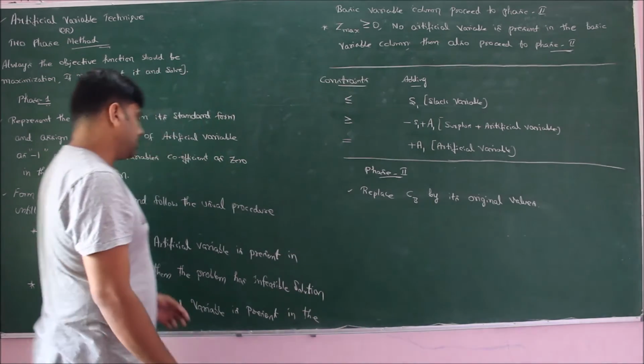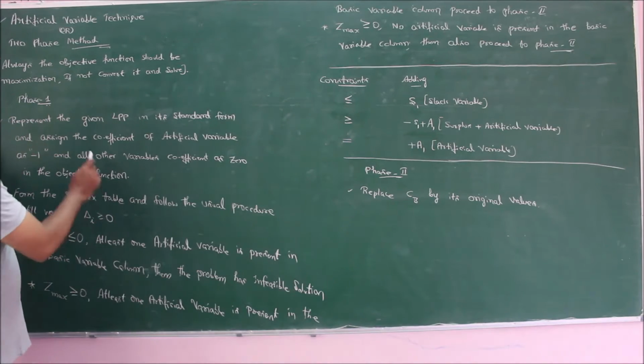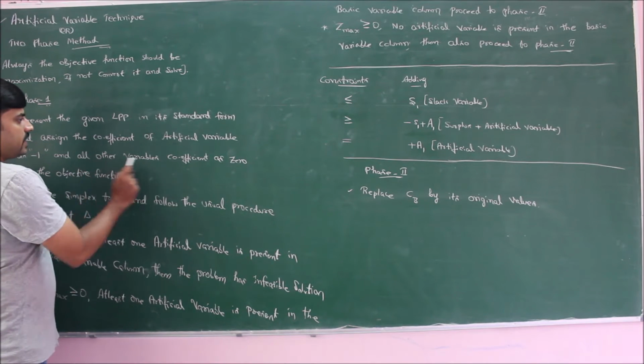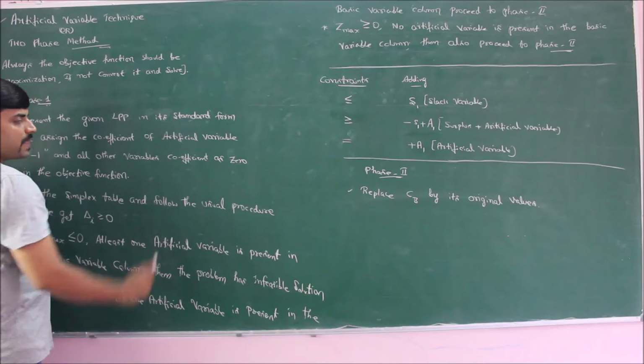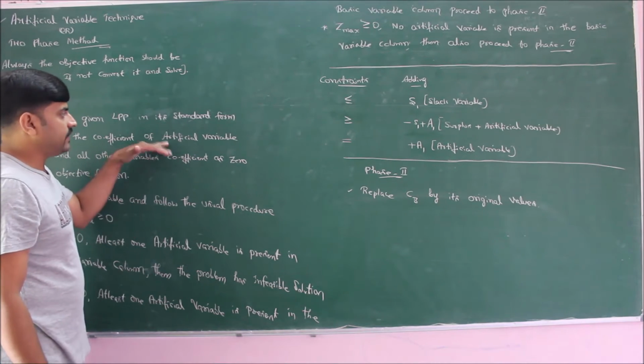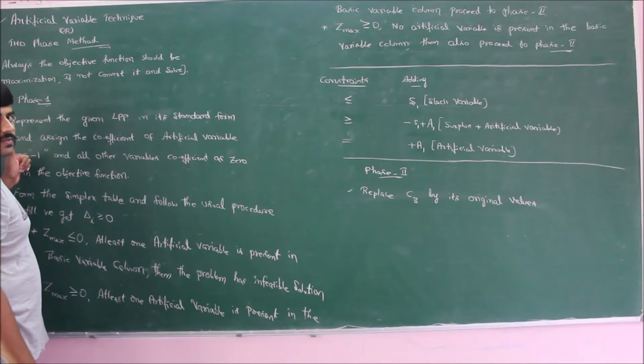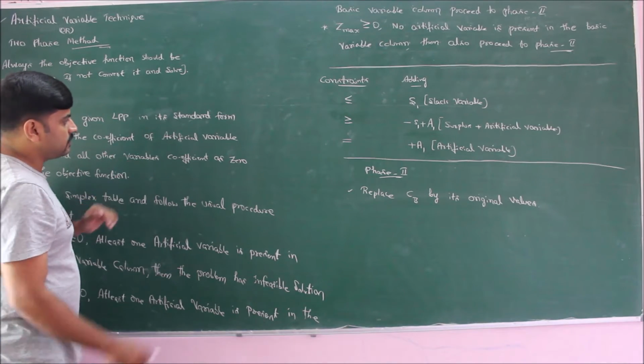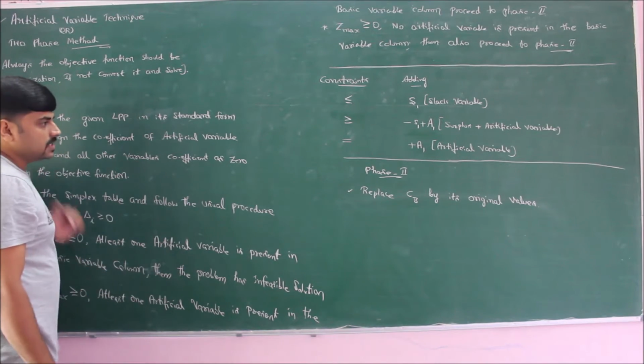This is because in phase 1 we assign the coefficients of all other variables as 0 except for artificial variables. For artificial variables we assign the value -1, whereas for all other variables we assign the coefficient as 0.